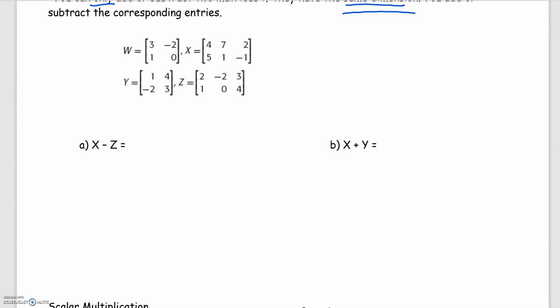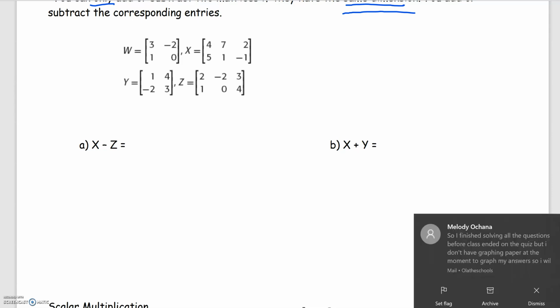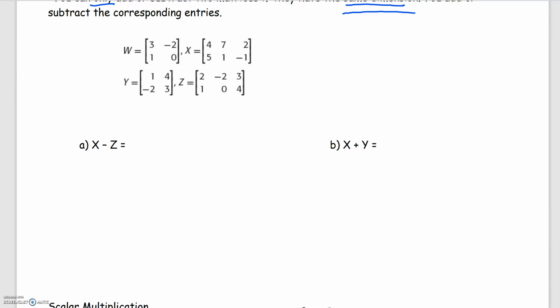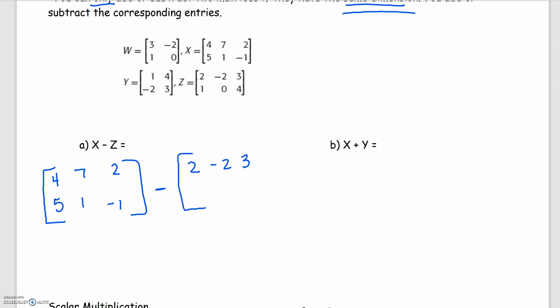X minus Z. So we're going to take our X, and I'm going to go ahead and write it out so we can see it down here, but 4 and 5 and 7 and 1 and 2. And we're going to subtract Z. So first let's see, are they the same dimensions? Can we actually add or subtract them? 2 by 3, 2 by 3. We're good to go.